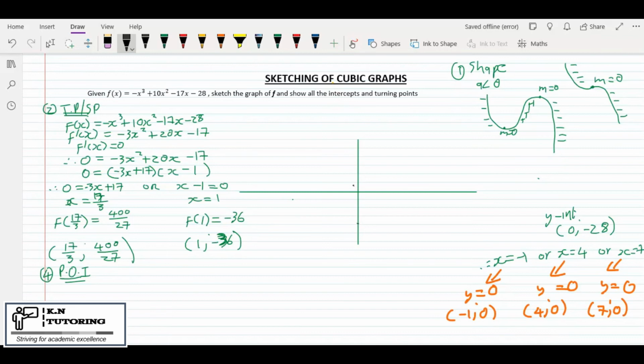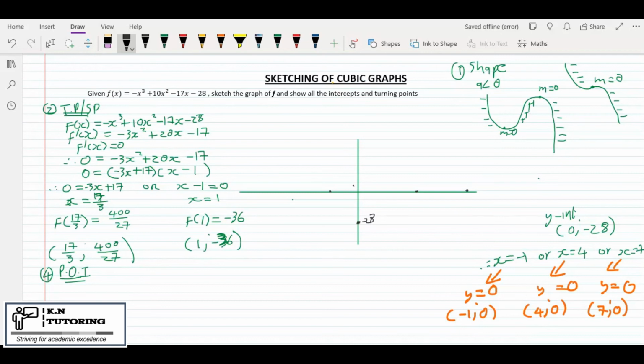The first thing that we're going to look at, we know that our y-intercept is minus 28, so I'll just assume that this is minus 28, so I know that my graph will pass here. In terms of the x-intercepts, I can see that I've got -1, 4 and 7. So I can say maybe -1 will be somewhere here, 4 will be somewhere there, and 7 will be somewhere there.